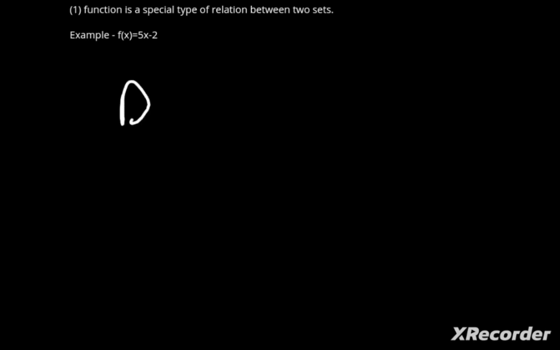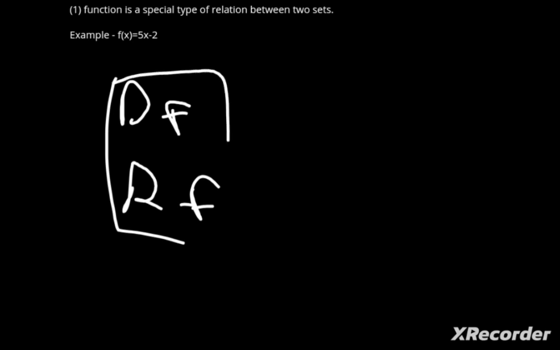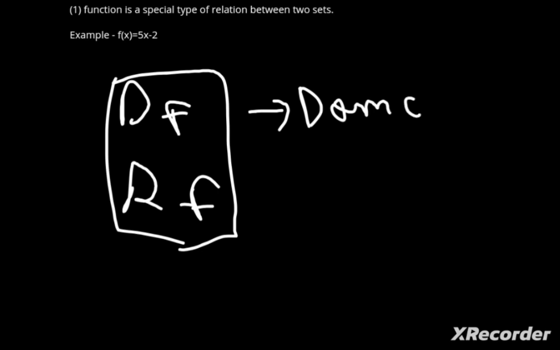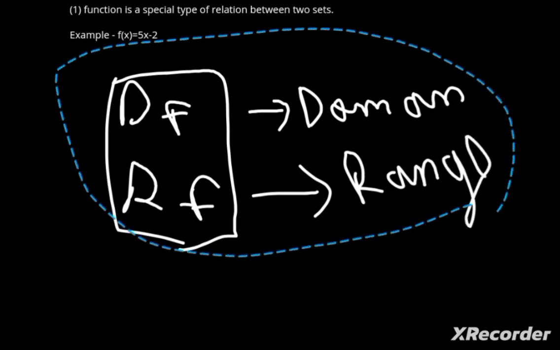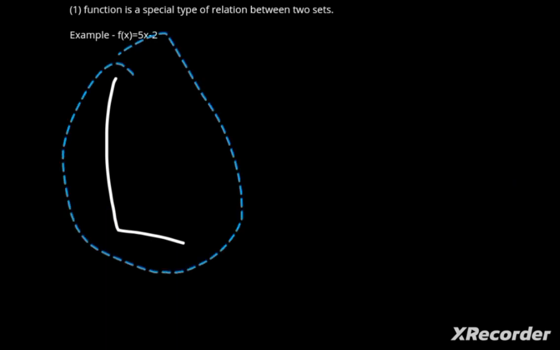We represent the domain as D of f, and there is another term, range, which we write as R of f. You can learn these symbols very easily.